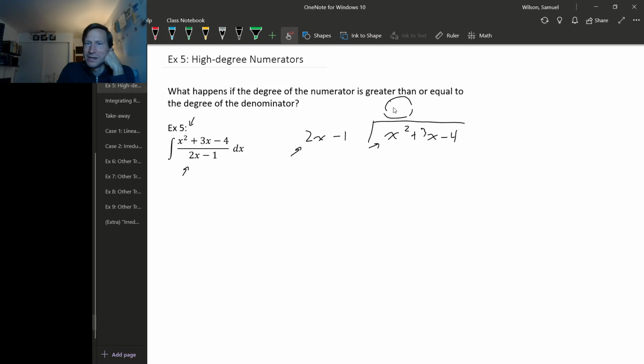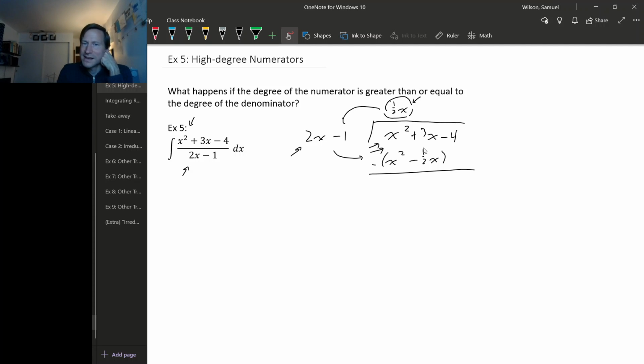So that would be 1/2 x. Now 1/2 x times the divisor gives us x squared minus 1/2 x. Then we subtract. The x squareds cancel. The whole point of choosing 1/2 x up here is that the highest degree term should cancel, which it did, so that means we did something right.